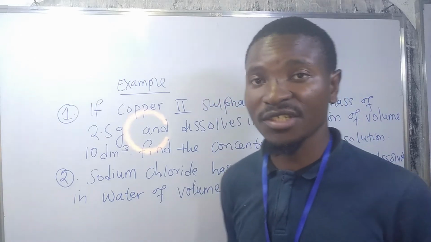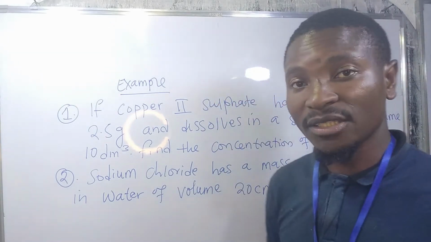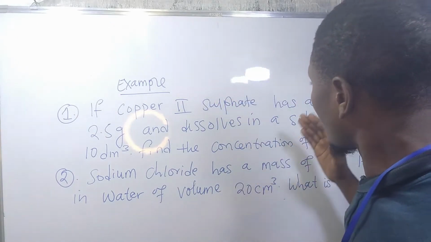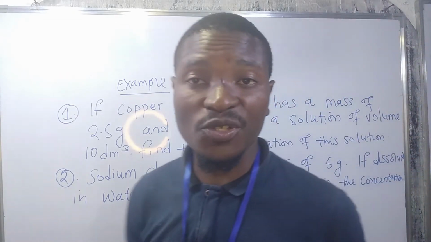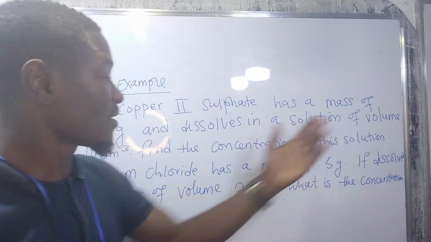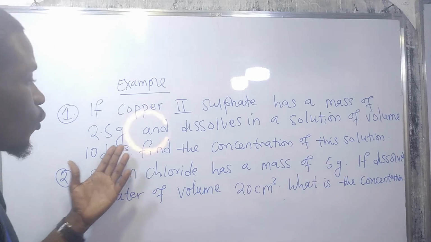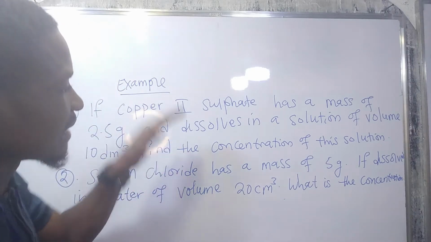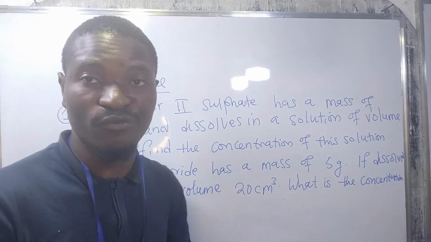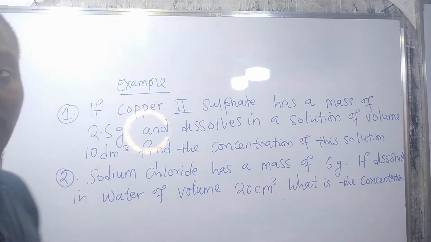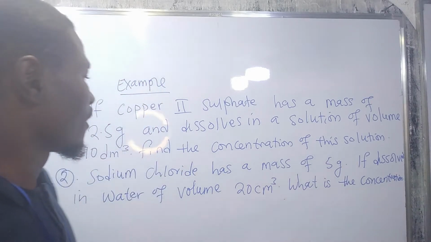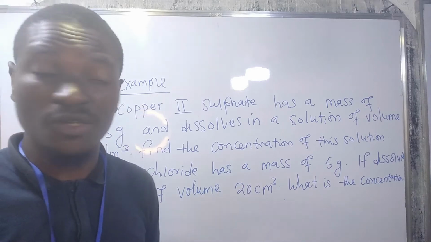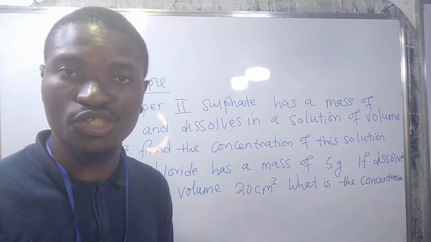Okay, so the first question is saying, if copper 2 sulfate has a mass of 2.5 grams and dissolves in a solution of volume 10 cubic decimeter, find the concentration of this solution.